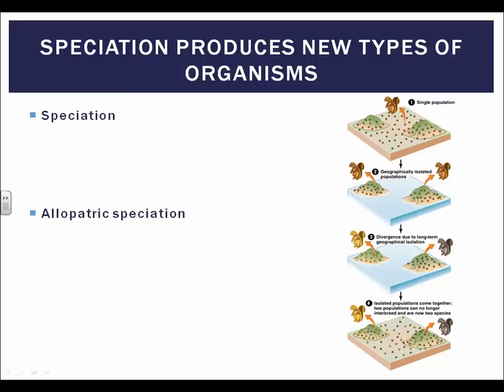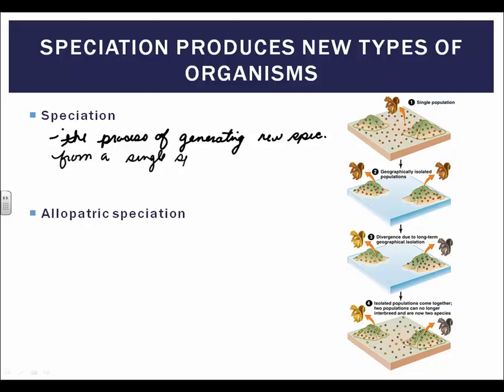So here, speciation is the process of generating new species from a single species. So it's the process where one species splits into two or more different species.